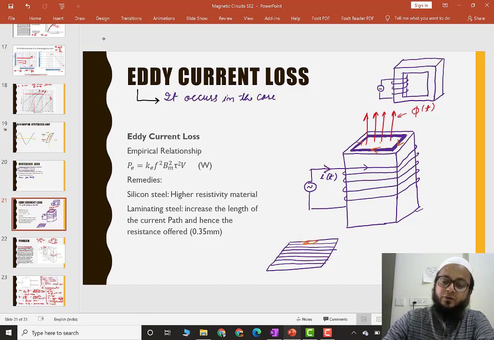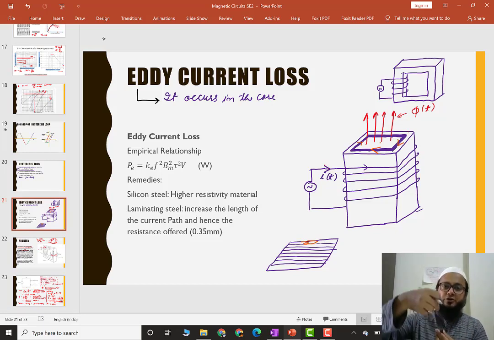So we use thin laminations of it, and there is an empirical relation. The other method is to use a higher resistivity material. You can think of this limb as being made up of thin laminations, and instead of using a solid block, we use these laminations. If you see the top view, it is like I have just these three pieces left at my home, so I'm showing it here.